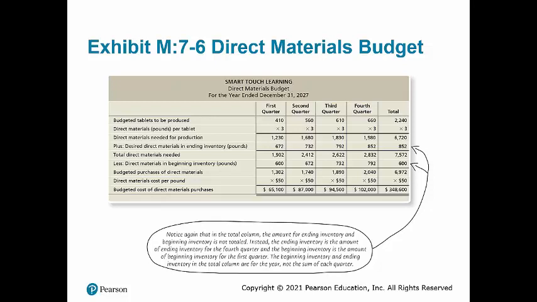Now let's look at the total column for the direct materials budget. Again, the beginning line, budgeted tablets to be produced, that total would come from the production budget, but it's also equal to the first, second, third, and fourth quarters budgeted tablets to be produced. We multiply that by the number of pounds we need per tablet to get the total direct materials needed for production of 6,720 pounds.